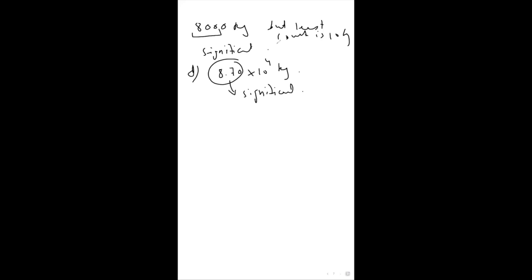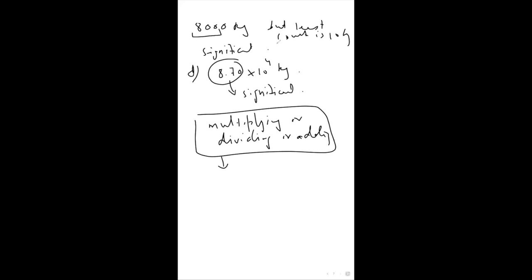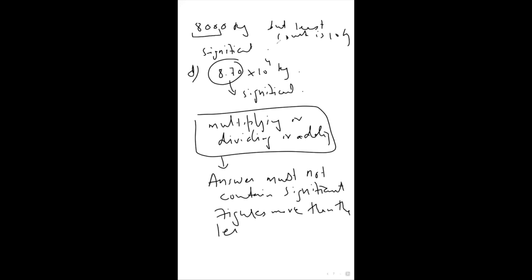But keep one thing in mind: if you are manipulating these different numbers, for example multiplying, dividing or adding anything, then your answer must not contain significant figures more than the least significant number.